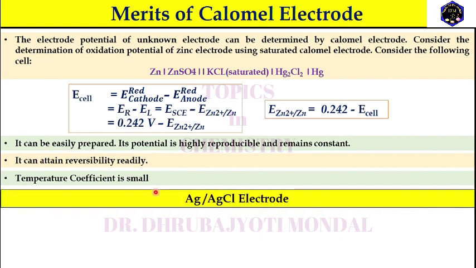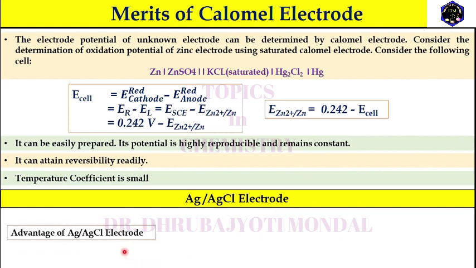But there are some drawbacks of the calomel electrode. What are the important drawbacks? You are using mercury, and you know that mercury is not environment friendly. It is toxic. That's why you have to use another secondary electrode, and that is the silver chloride electrode.